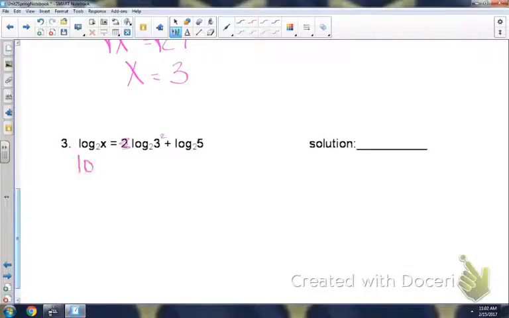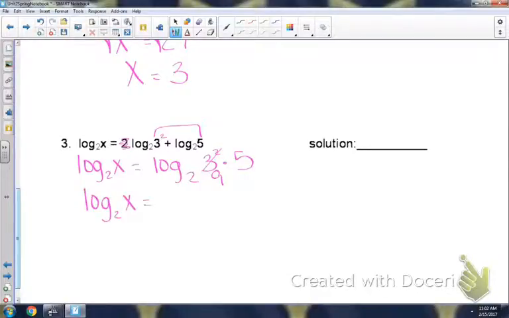So I have log base 2 of x, because I'm not changing the left side. The right side, I'm going to have log base 2. I'm having to multiply those together. So 3 squared times 5. So 3 squared would be 9. And then I have to times it by 5, so that would equal 45.